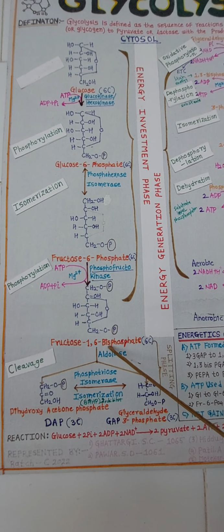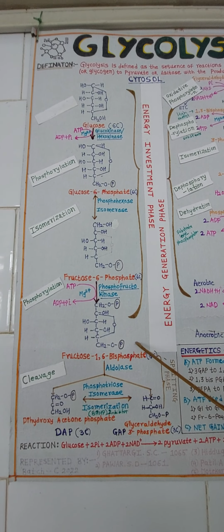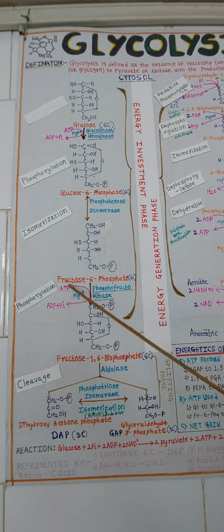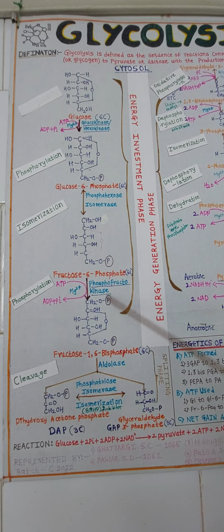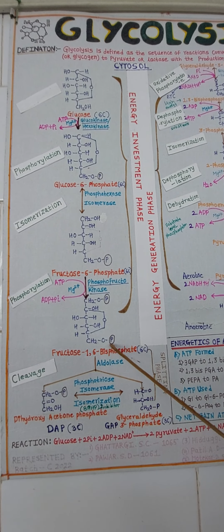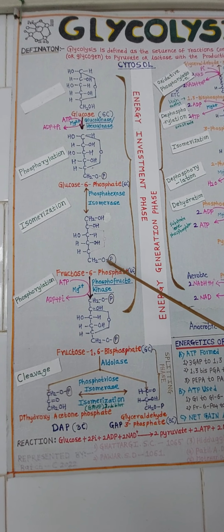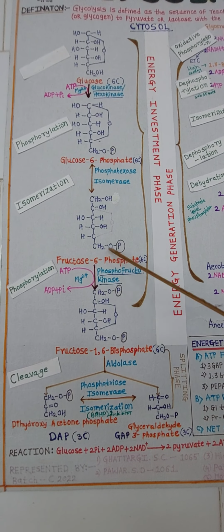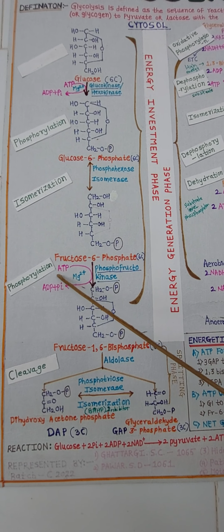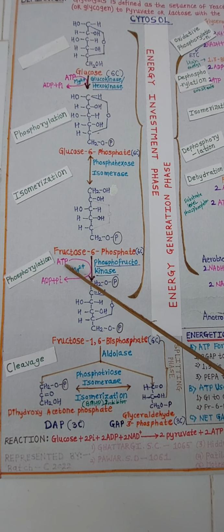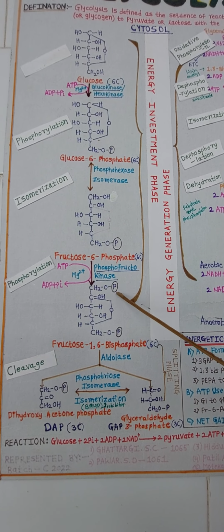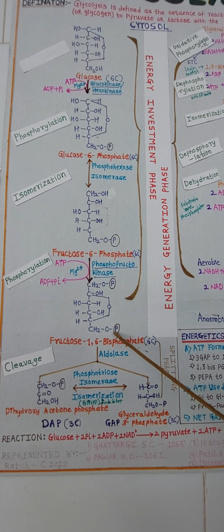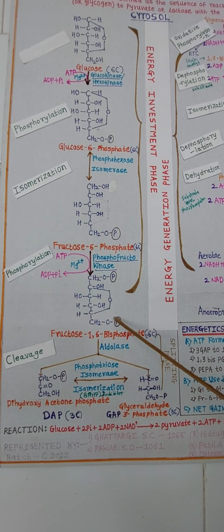And now the last step in the first, energy investment phase: we convert fructose 6-phosphate to fructose 1,6-bisphosphate. Carbon number 6 already contains a phosphate group, and now a phosphate is taken from ATP and it is converted to fructose 1,6-bisphosphate.